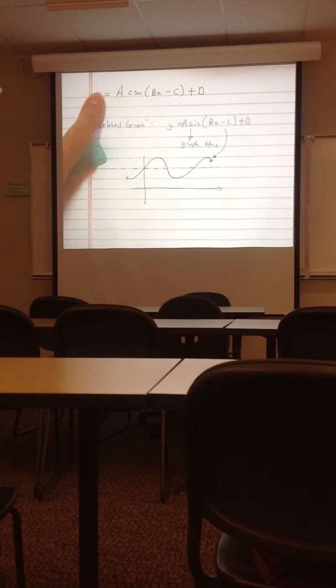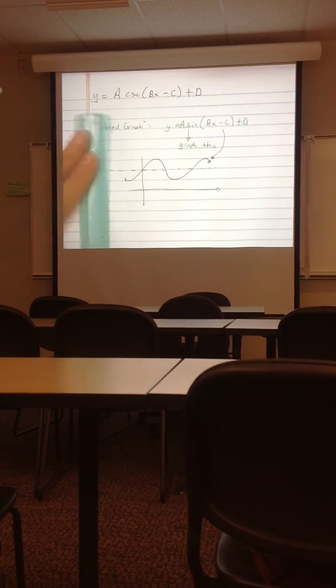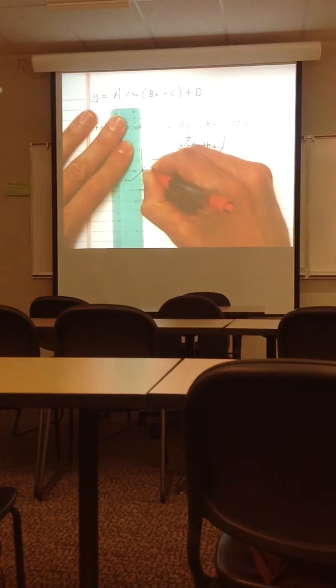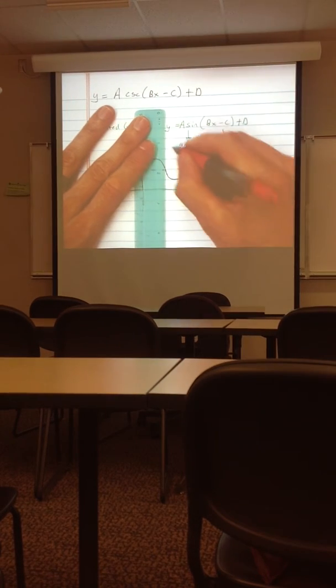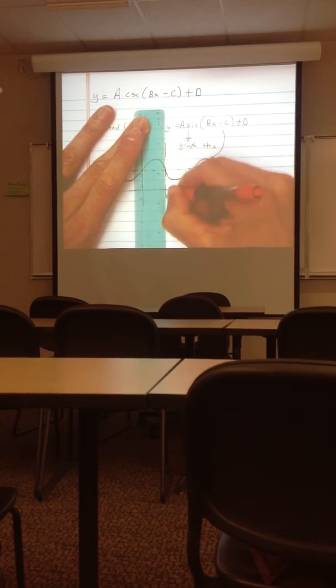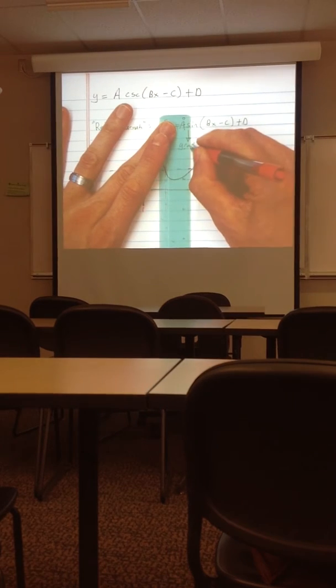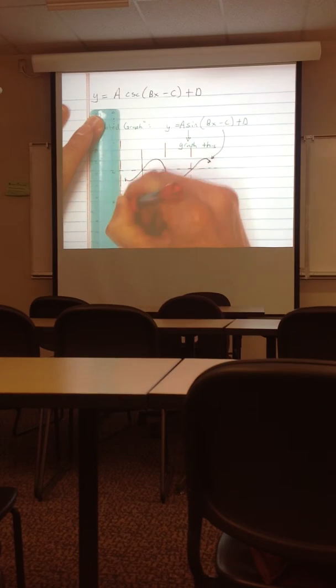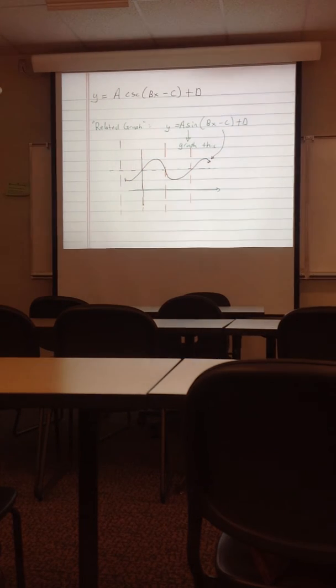To get back to the original cosecant function, everywhere you cross the center line, you put a vertical asymptote. Everywhere your sine function crosses the center line, you have a vertical asymptote. And they will be equally spaced apart. The spacing apart will be exactly half of the period.